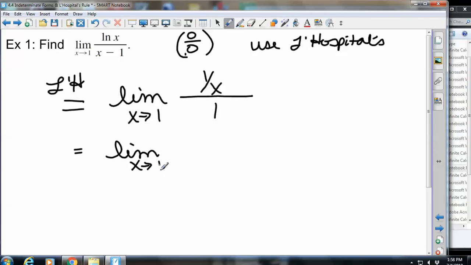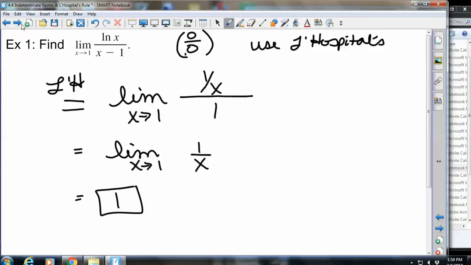So we get the limit as x approaches 1 of 1 over x. And now you can plug a 1 into that and you get 1 for your final answer. So this allows us to calculate limits that we wouldn't have been able to before. Okay, so this only works with functions that are not undefined, but in indeterminate form, so 0 over 0 or infinity over infinity.